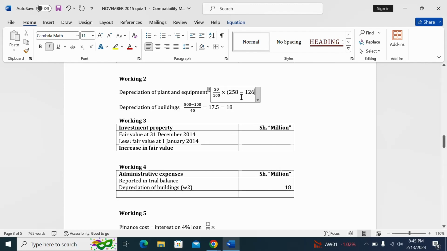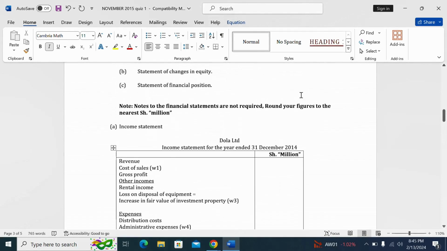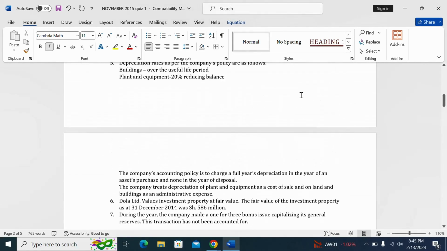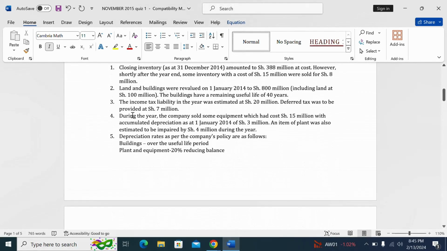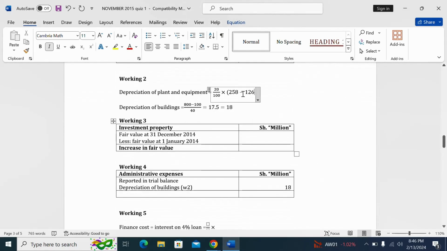But remember, there's an asset that we have disposed. There's an equipment that we have disposed in our additional information number 4. We have disposed an equipment which had a cost of 15 million. Therefore, we deduct that one here.